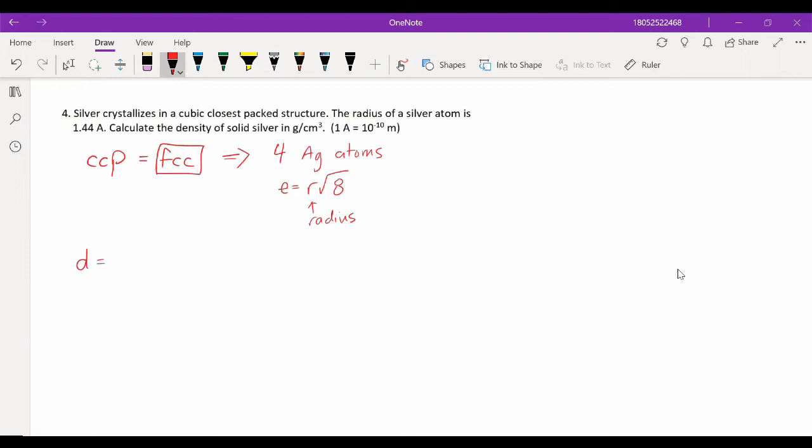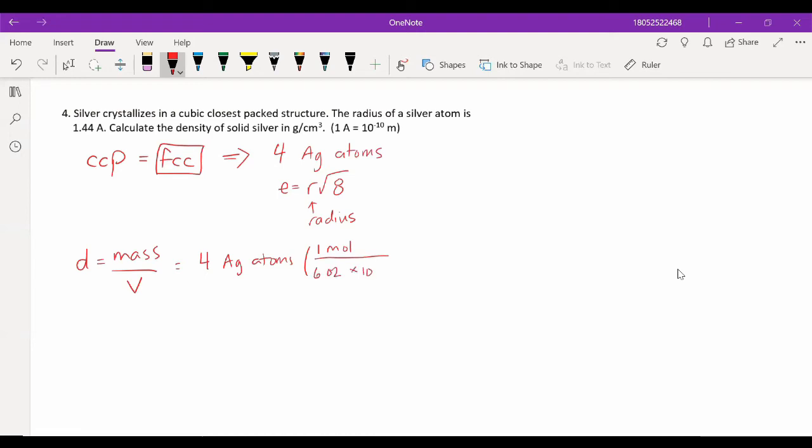Basically the density is a ratio of the mass of the unit cell over the volume of the unit cell. So that's where we can start. There are 2 general calculations: you want to get the mass of the cell and the volume. The mass is determined by the number of atoms. So we can take 4 silver atoms, and in order to find the mass, we're going to use the molar mass, which means we need to convert this to moles.